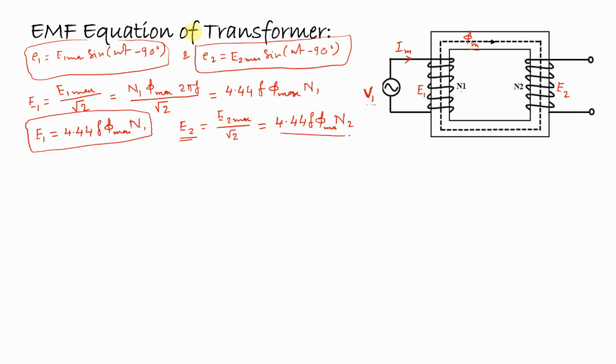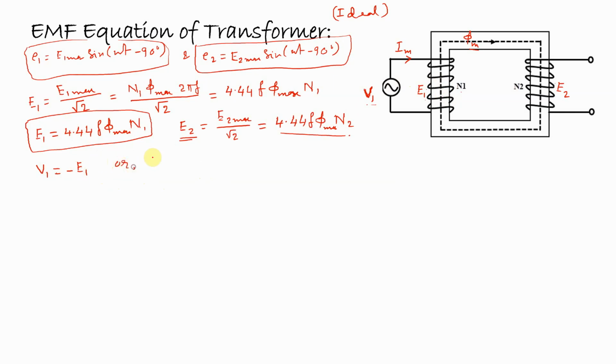Remember one thing we have initially considered during the EMF equation, that the transformer is ideal. And for an ideal transformer, there is no resistance of the primary side. So if there is no resistance of the primary side, that means there will be no voltage drop in the primary winding. Therefore, V1 will be equal but opposite to the induced EMF in the primary side.